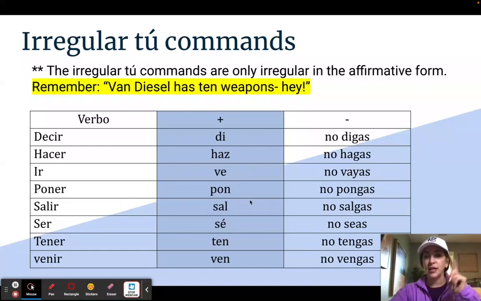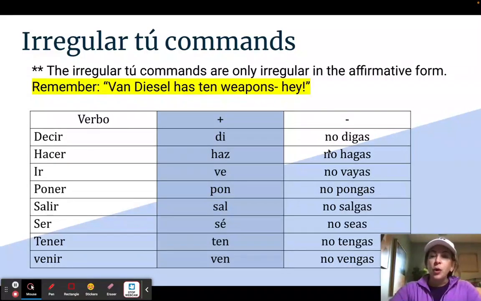Here's how that goes: ven, di, sal, haz, ten, ve, pon, sé.